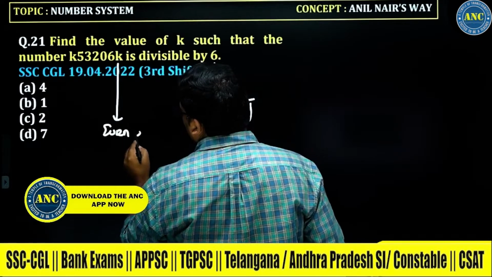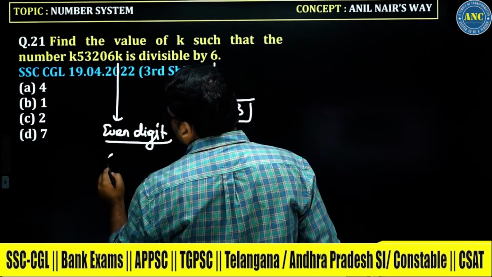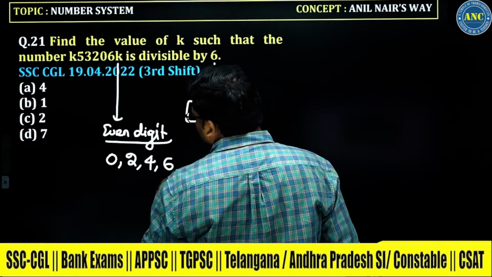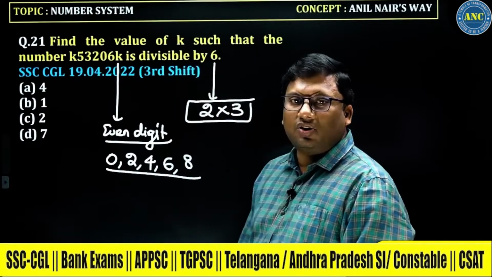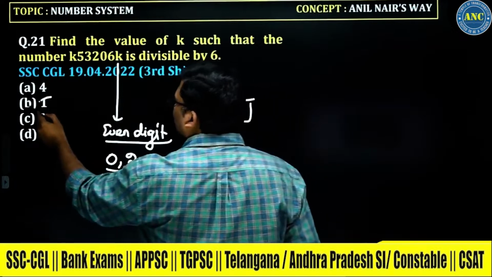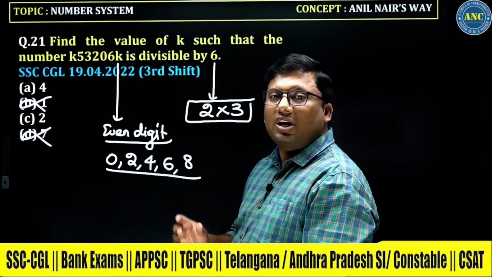The answer will be either 0, 2, 4, 6, 8. It cannot be 1. It cannot be 7. 1 and 7 both are omitted.